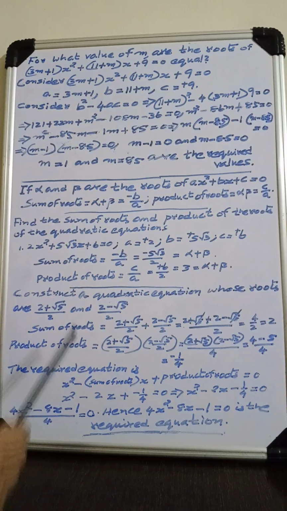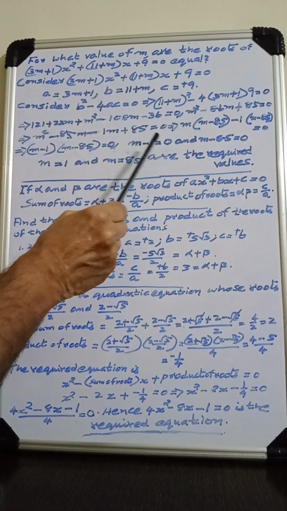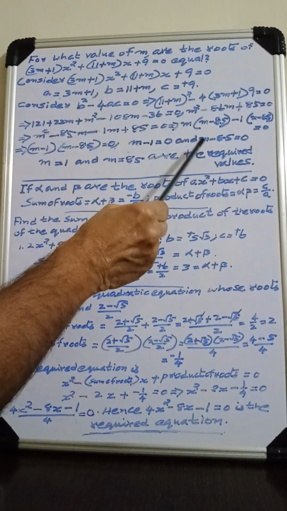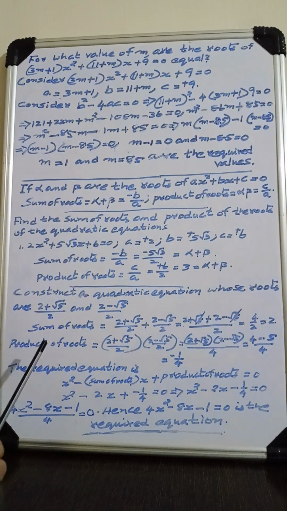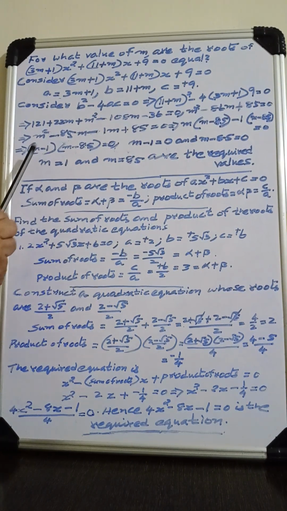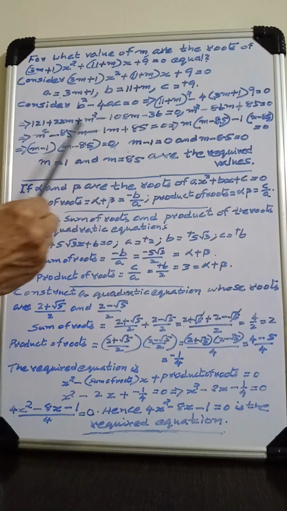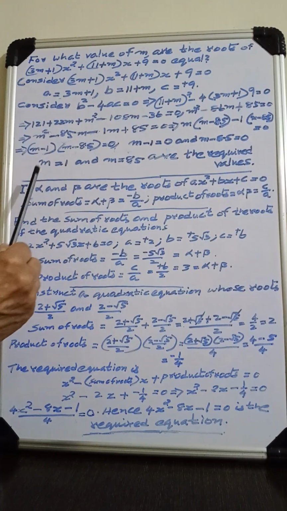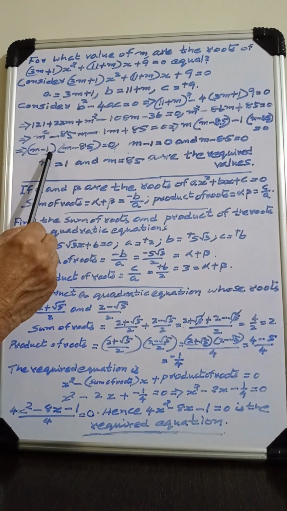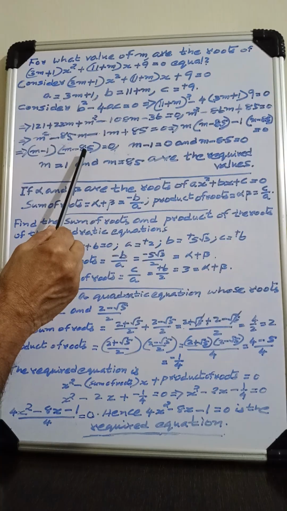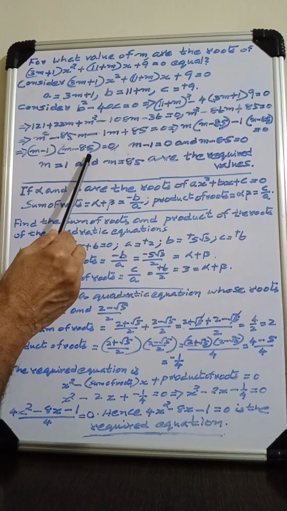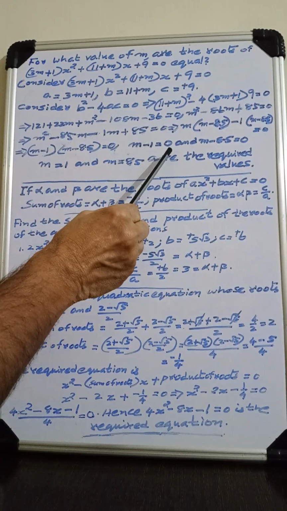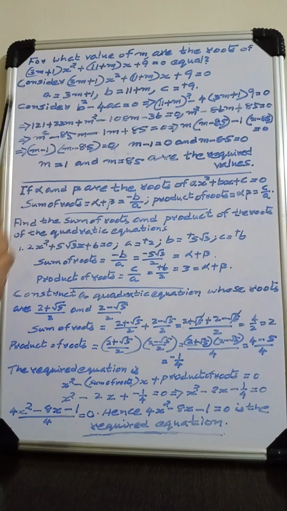There are two possibilities: m minus 1 can be 0, or m minus 85 can be 0. Therefore, m minus 1 equals 0 and m minus 85 equals 0.